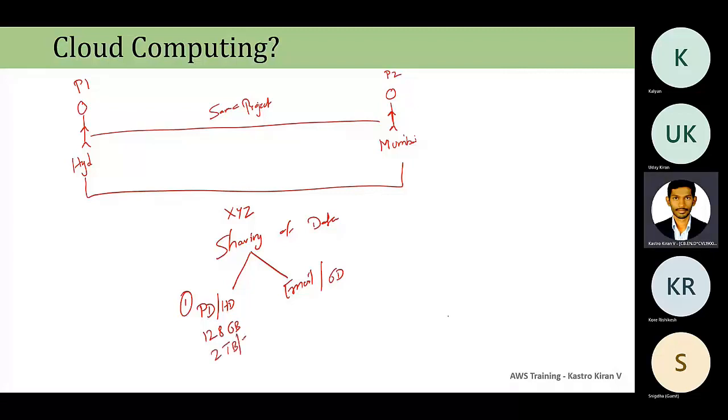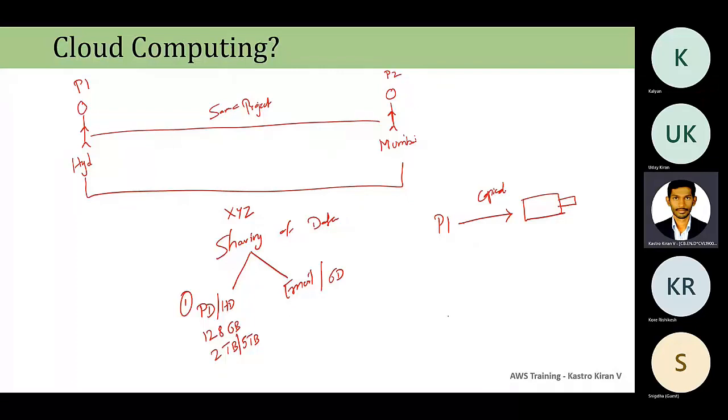Say person 1 wants to copy the entire data into the pen drive. Let us understand that person 1 has copied all the data into the pen drive. Now, as I said earlier, person 1 is in Hyderabad, and he has to give the pen drive to person 2 who is in Mumbai.